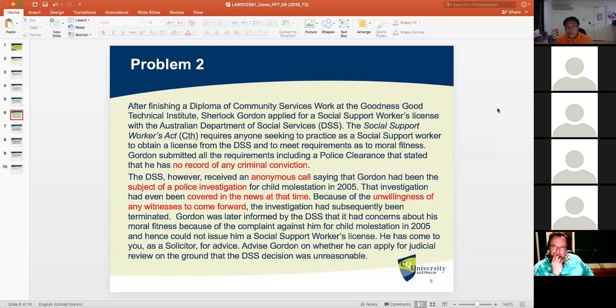So in other words, anonymous call, the courts won't accept anonymous calls. Subject of a police investigation, that's really unproven. News, that's just an allegation. But are executive decision makers required to have the same standard of evidence as courts when they are required to act judicially?